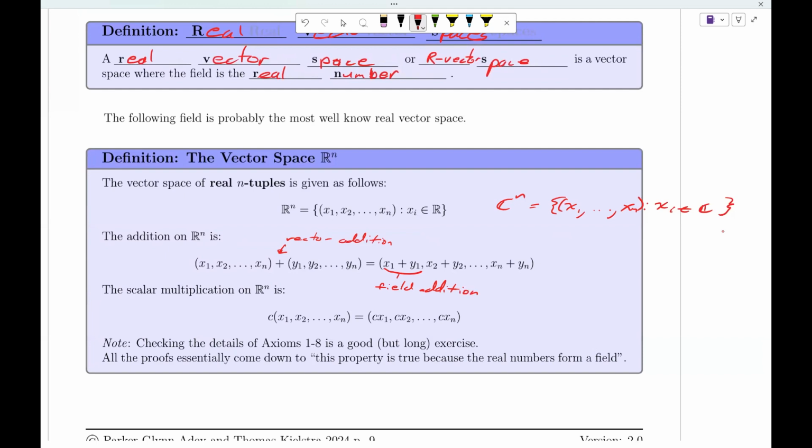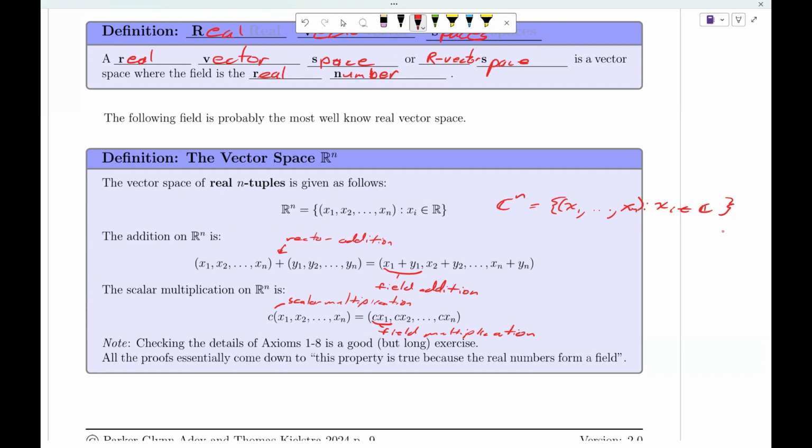And here, same thing with scalar multiplication. This is scalar multiplication, and this here is our field multiplication. Now, given this definition for addition and scalar multiplication, we can prove it's a vector space.